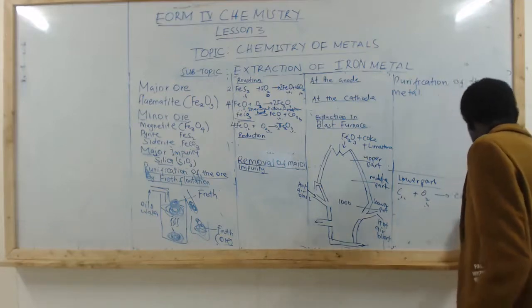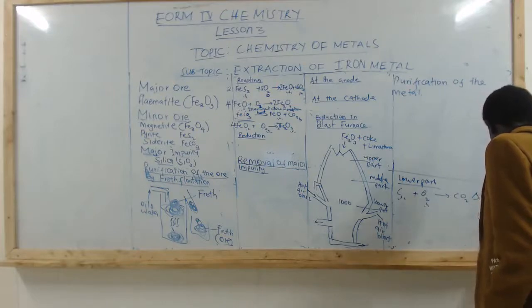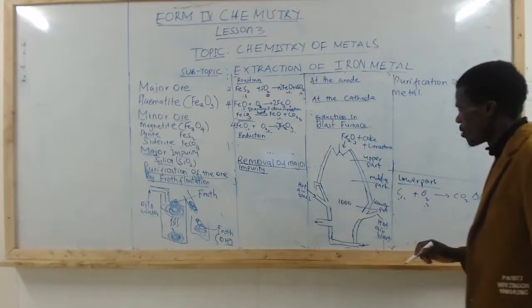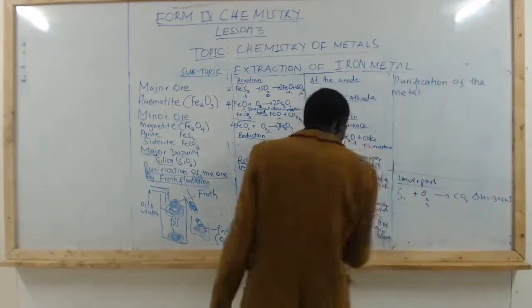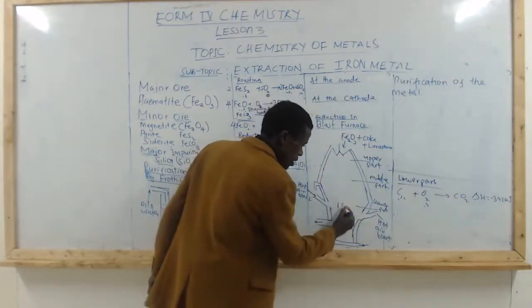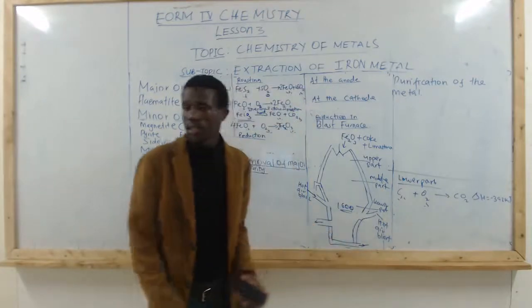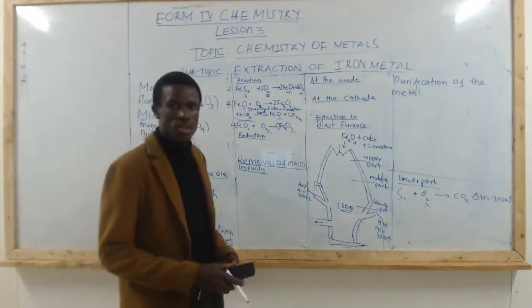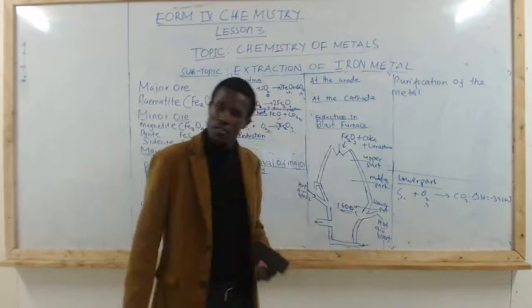The reaction is exothermic because heat is produced, so the temperature increases from 1000 to 1600 degrees Celsius on the lower part of the furnace.